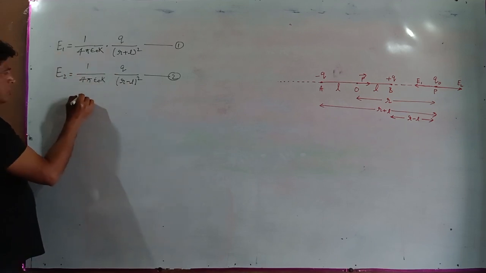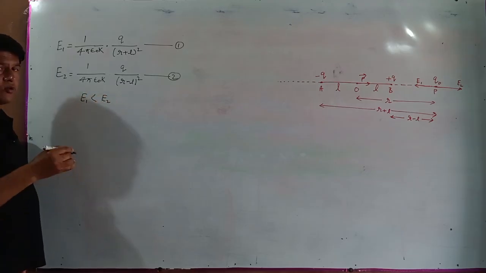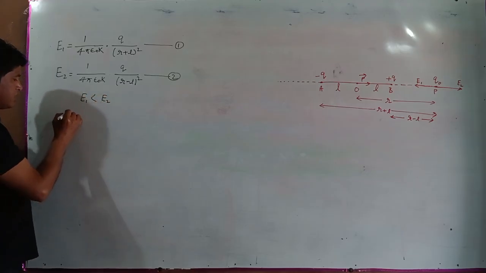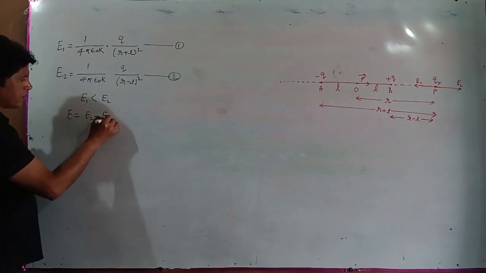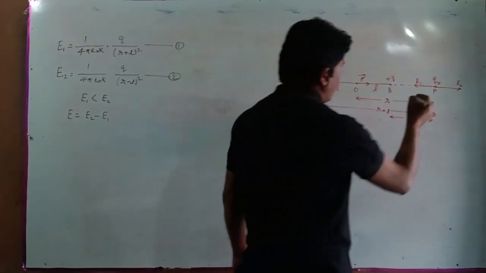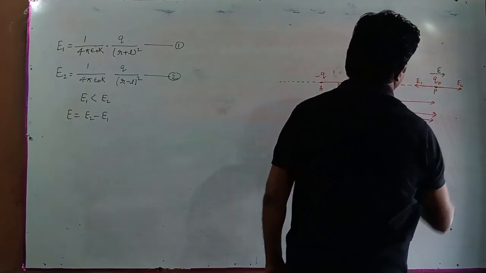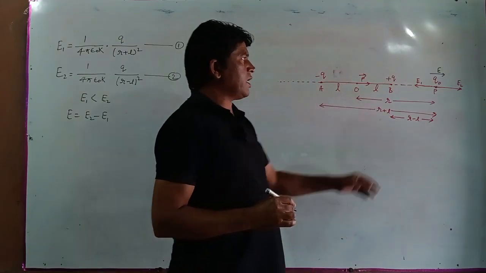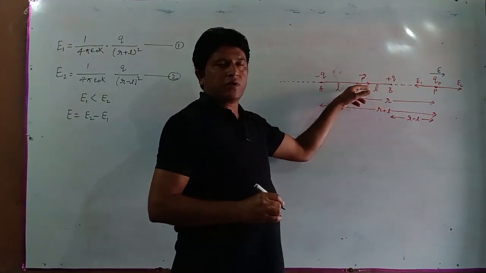So, E1 is less than E2. Now, we will have to determine the net intensity, that is E is equal to E2 minus E1. And now, we represent at this point the net intensity as E, and the direction of this intensity is towards the direction of vector p.